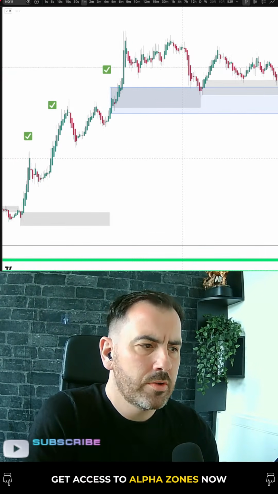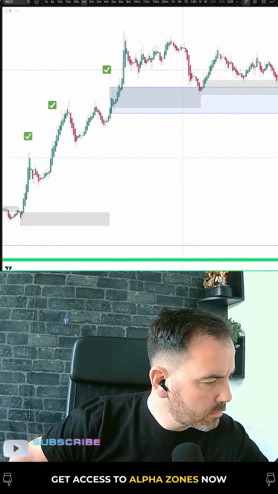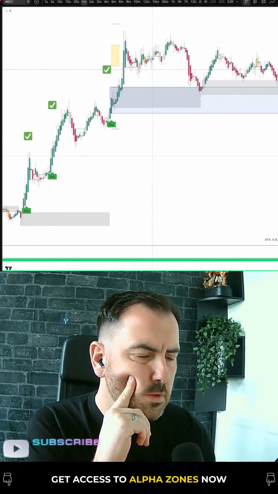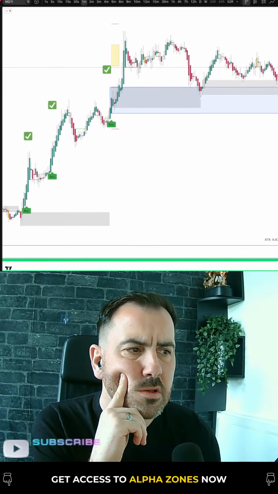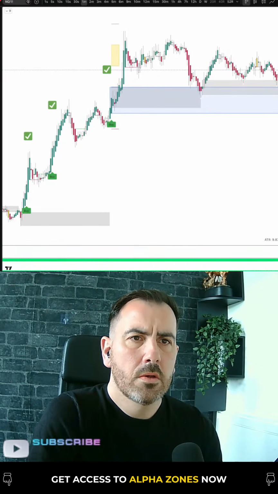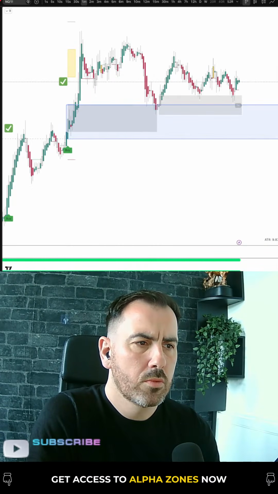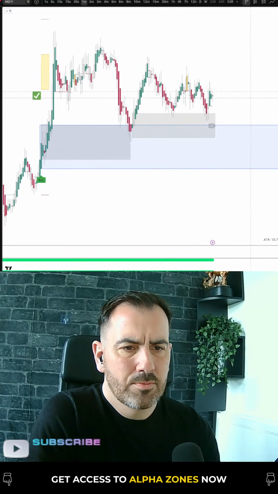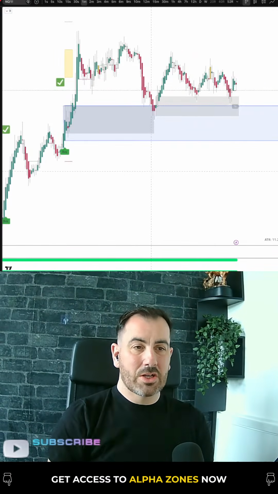Similar price action on Nasdaq. Often after a nice big move up like this, and it's trended, we can get a little bit of this sideways action.